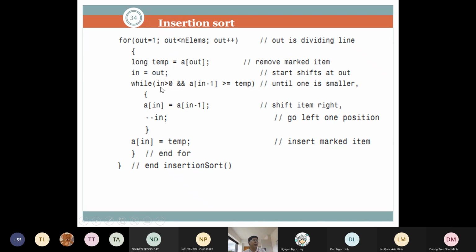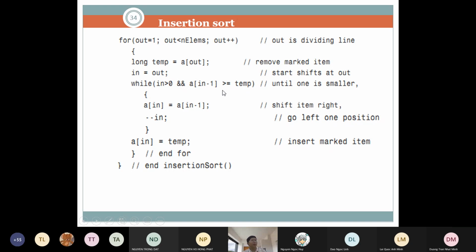And then what we do: while the index is bigger than 0, and the value there is bigger than the number that we want to insert, it means we are not reaching the first position of the array, and the value there is still bigger than my number.